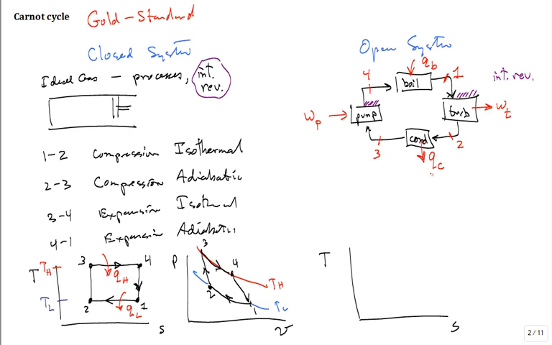Okay, let's go ahead and put this on a temperature entropy diagram. But the trick is as the fluid flows from 4 to 1, heat is being added, but I need a constant temperature heat addition. I need the fluid coming in at state 4 to be the exact same temperature as coming out at state 1.